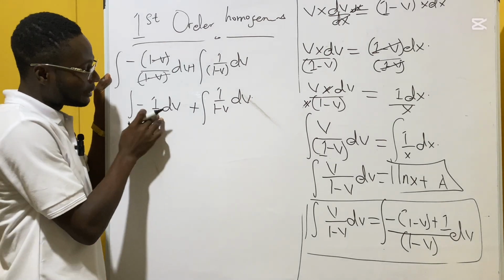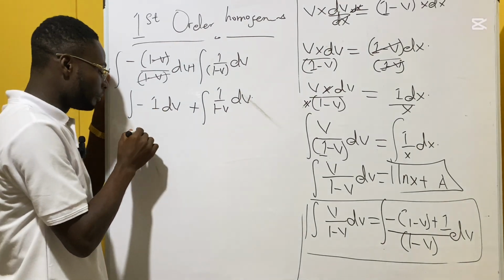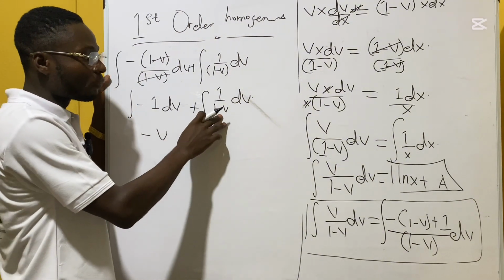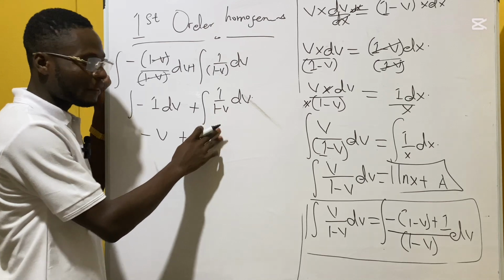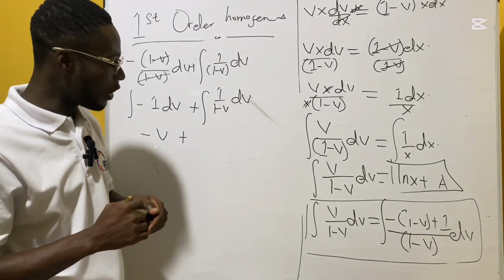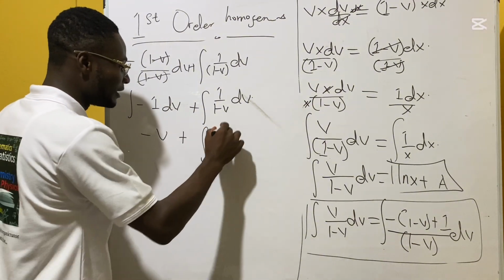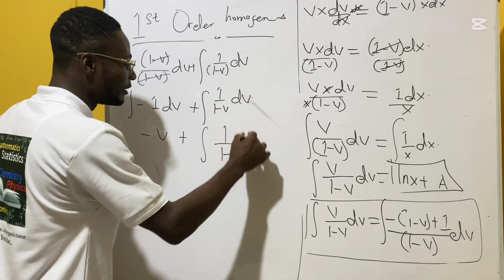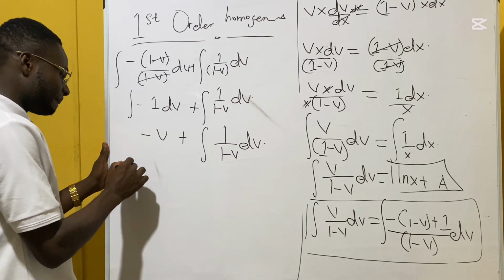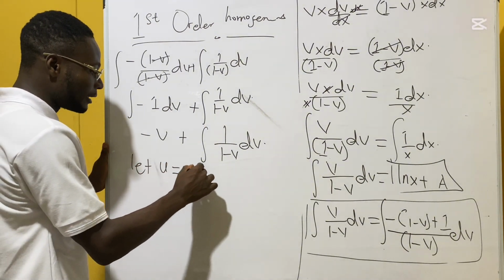Okay, we know that the integral of negative 1 with respect to v is going to be minus v, plus the integral of 1 over 1 minus v, which is of course negative ln of 1 minus v. Or should we do it step by step? Okay, so let me maintain this 1 over 1 minus v dv. Okay, so you know that we can let u equals 1 minus v.